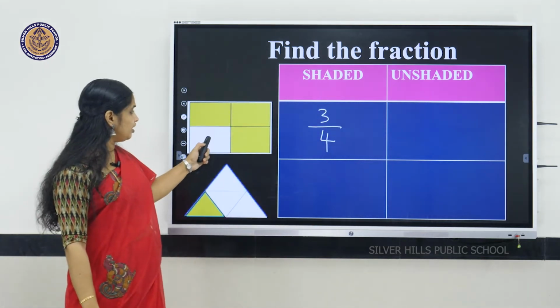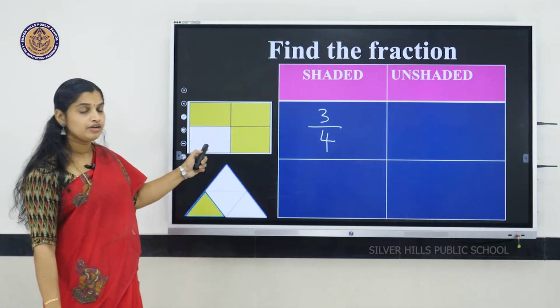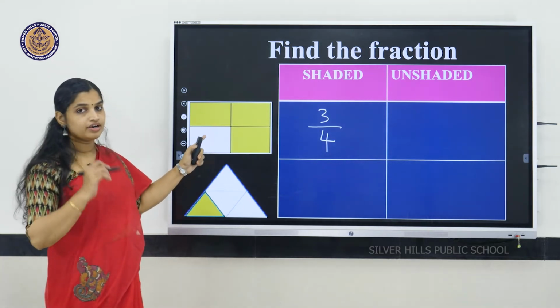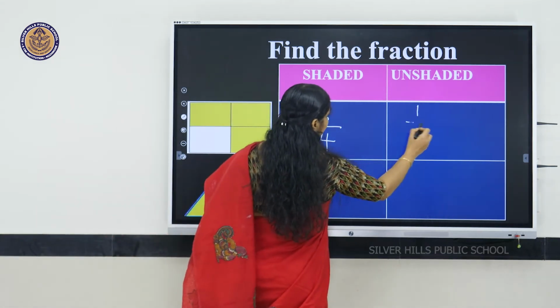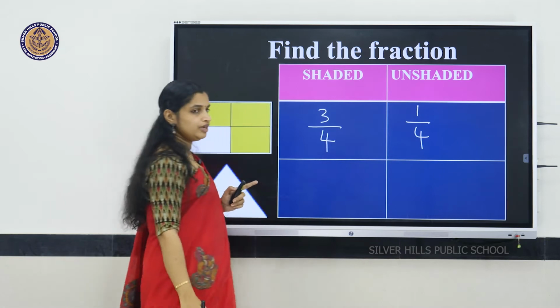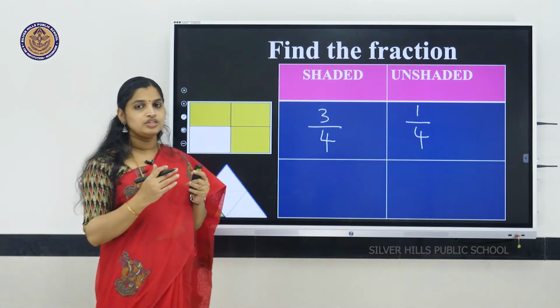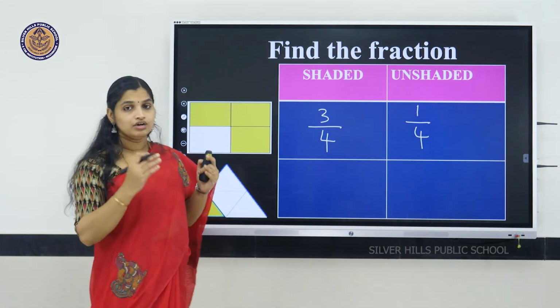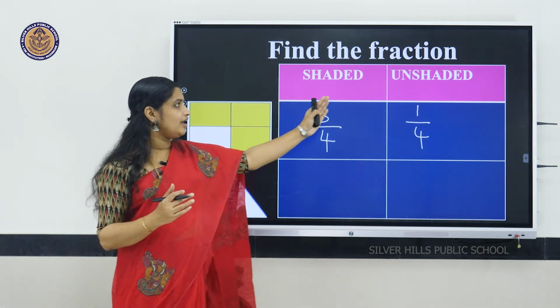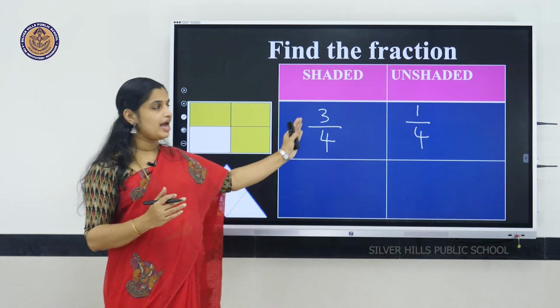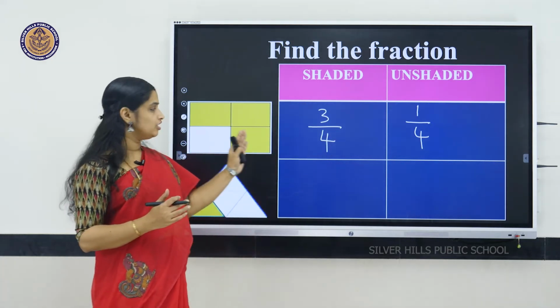Now see, what about the unshaded part? Here you can see one part is unshaded. So we can write the fraction as 1 by 4. So when we combine this shaded and unshaded part, that means 3 by 4 and 1 by 4, we'll get the whole figure.